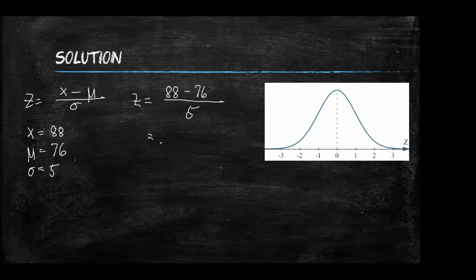So 88 minus 76 is 12. 12 over 5. Divide: 12 divided by 5 is 2.4. So our z-score is 2.4.